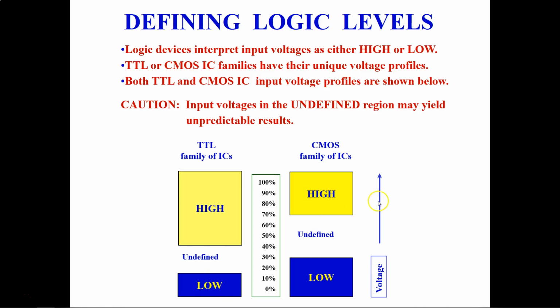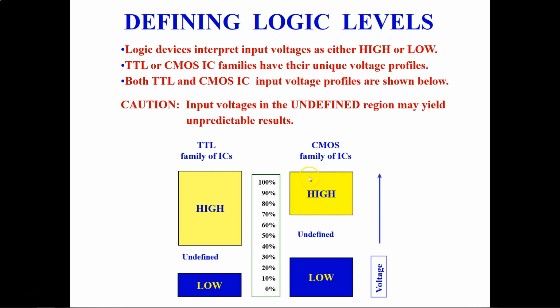And in CMOS, if we see the output signal voltage, the output signal coming out from the CMOS has a different acceptable range. For the lower range, it is 0 to 0.05 volts, and for the higher logic, it is between 4.95 volts to 5 volts.